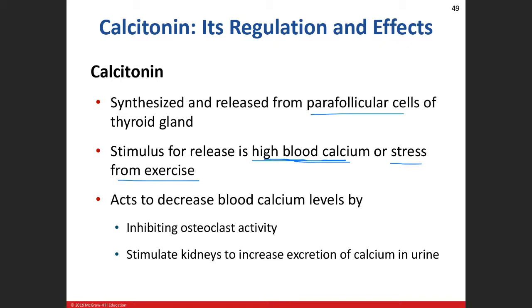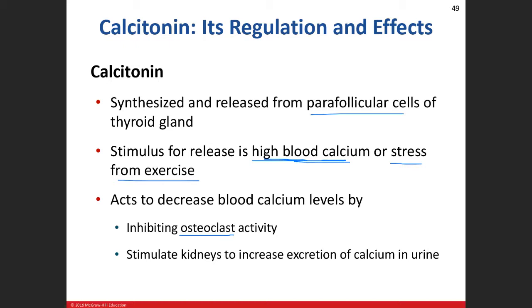So now what's going to happen with calcitonin is that hormone is going to put calcium that's floating in the blood into tissues, all right? So one way that it's going to decrease calcium being released from bones is eliminate the culprit, okay? Stop osteoclasts from breaking down the bone matrix.